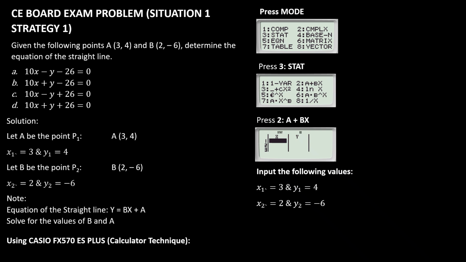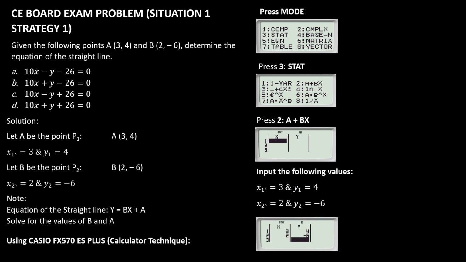We have now to input the following values in our calculator, wherein x sub 1 equals 3, y sub 1 equals 4, x sub 2 equals 2, and y sub 2 equals negative 6. And now, as we can see, all the values of x sub 1, y sub 1, x sub 2, and y sub 2 are now recorded in our calculator.